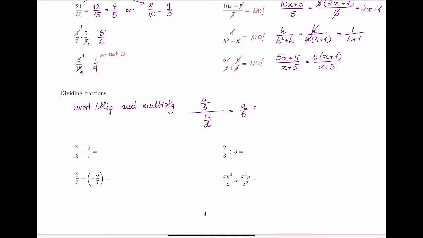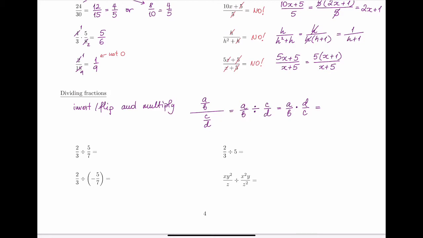Now, the other notation that we use for division is the division sign. So let me first of all actually write this out, because this is actually something that you will see much more often rather than this sort of double-decker fraction here. So again, we leave the top fraction alone, and we multiply by the flipped version of the second fraction that was originally in the denominator.